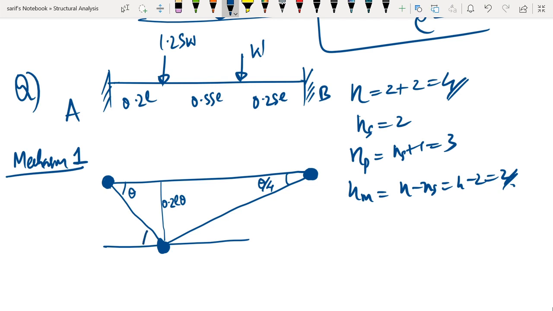So this angle again, if this is theta, this would be theta, and if this is 0.25 theta, this also would be 0.25 theta. So now the geometry has been completed.